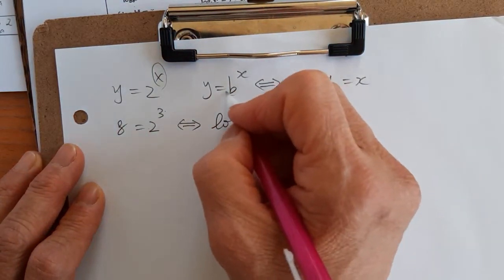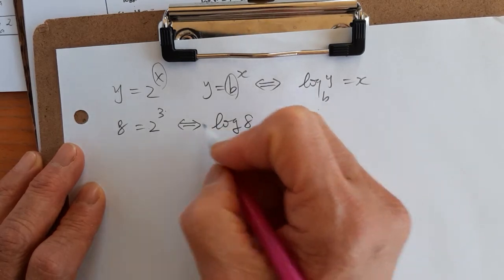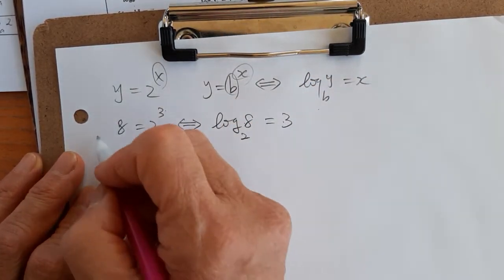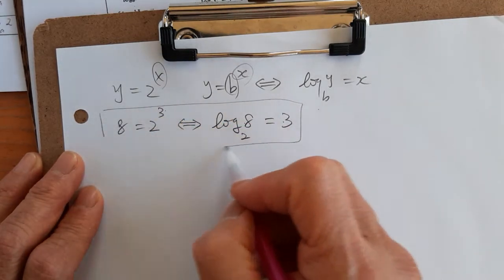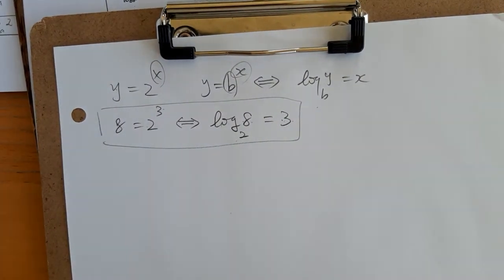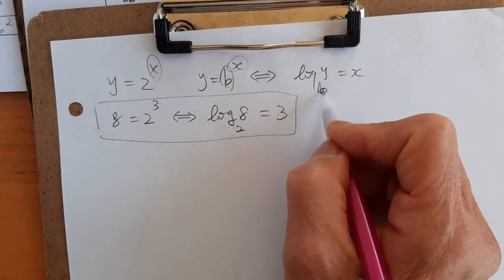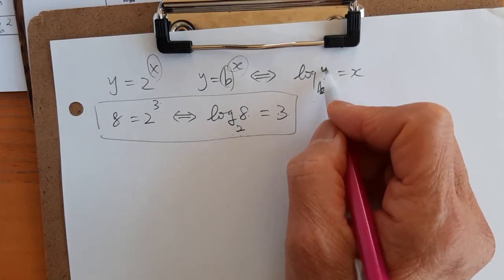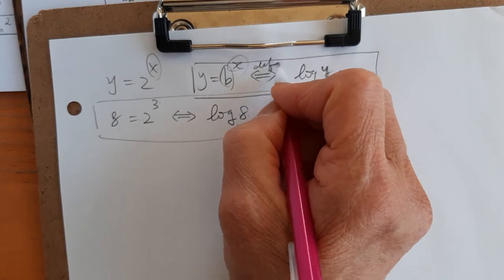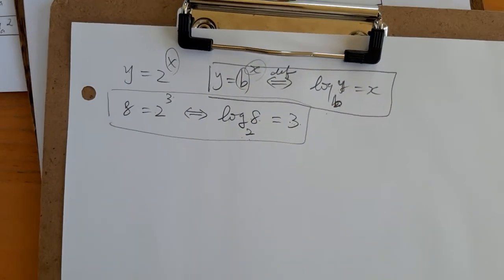So log base 2, y is 8, equals x, which is 3. 2 to the power 3 equals 8, so log 2 of 8 equals 3. The formula is b to the power x equals y. That's the first formula, which comes from the definition of the logarithm function as the inverse function of the exponential function.